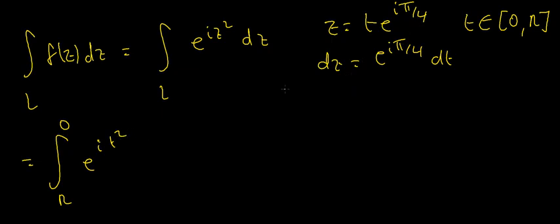Well, I pi over 4 times 2, that's just I pi over 2. So that's going to give me e to the I pi over 2. And for dz, I'm going to have e to the I pi over 4 dt.